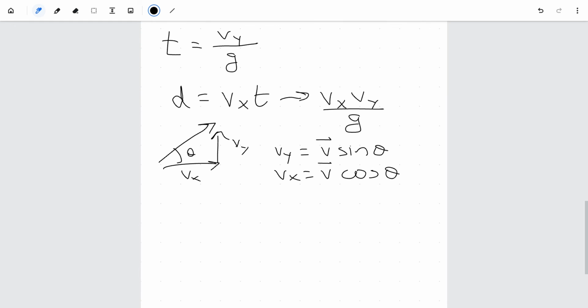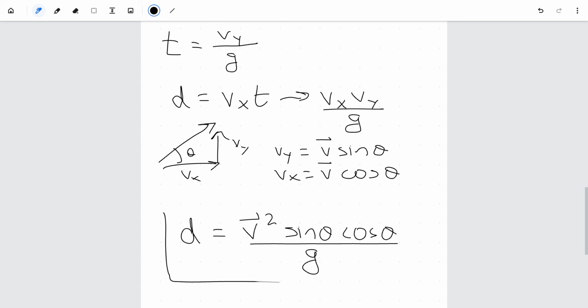Now doing some simple substitution, we will get our final formula for D, which is v squared sine theta cosine theta over g. And this is our final answer.